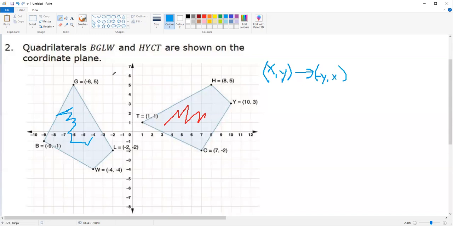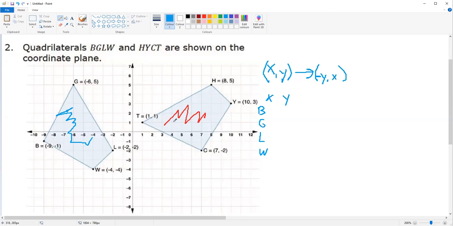So let's do that with the table again. My x and y, x comma y, make it a little bit bigger for some space. I'm going to pull B, G, L, W, and I'm going to totally disregard H, Y, C, T because I know it's not going to be the same.